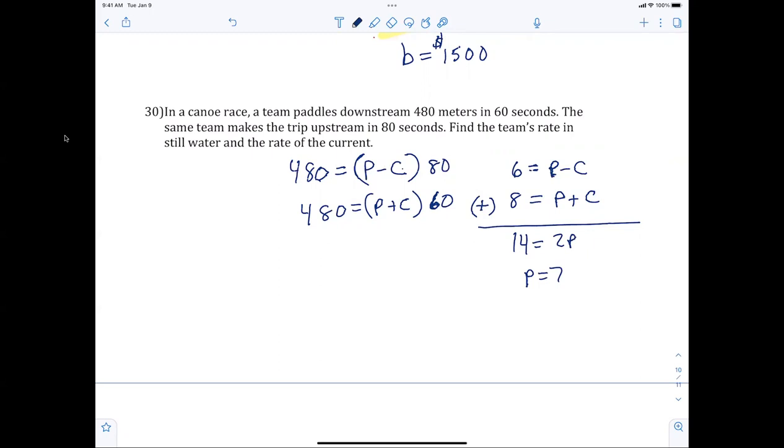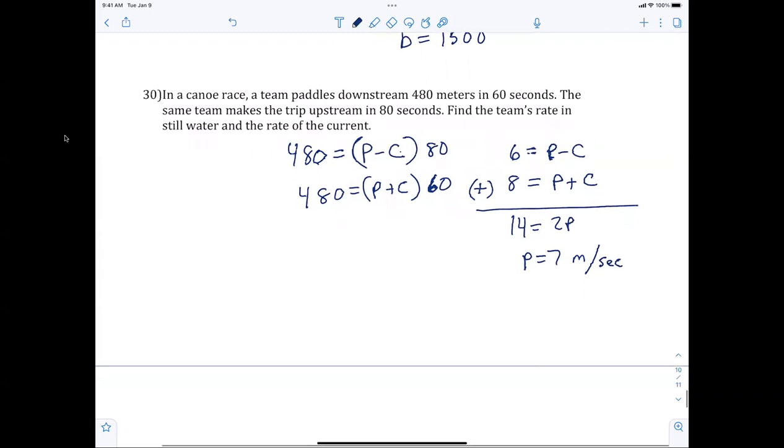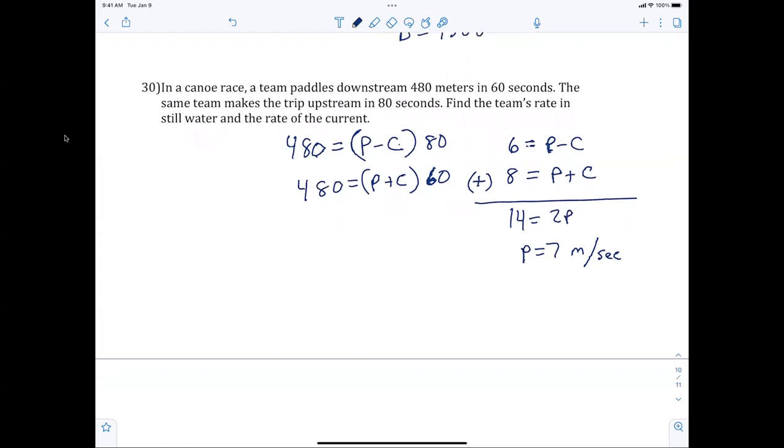Okay, so you're paddling at 7 meters every what? Second. All right, and the current, once you establish that P is 7, the current would equal what? 1. 7 goes in for P, Oliver, like all the other problems.